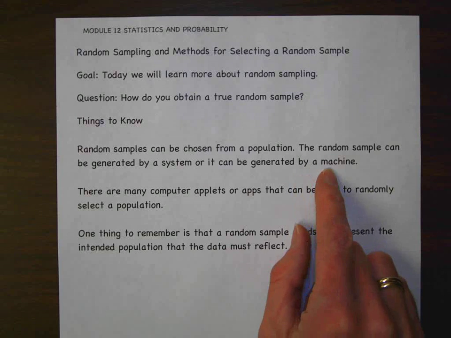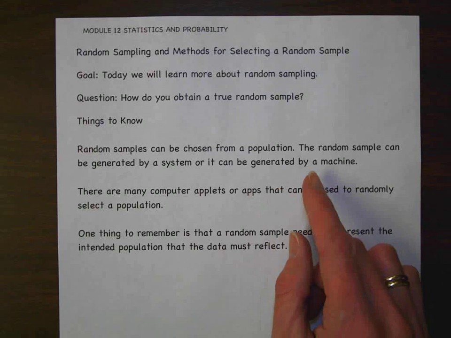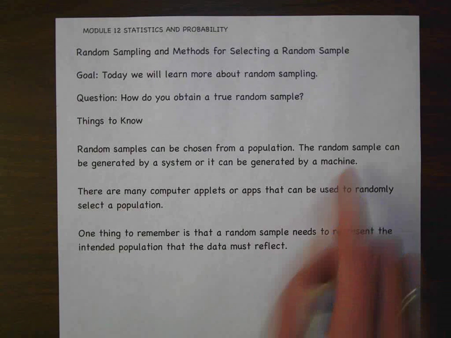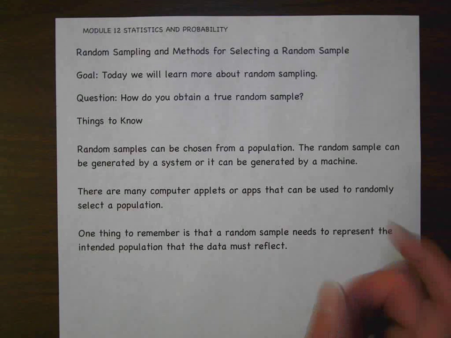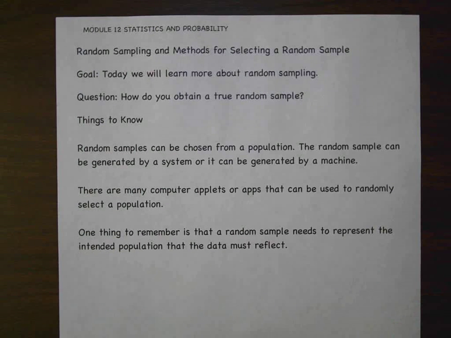Or it could be generated by a machine, and what I mean by that is there are actually websites that, if you go to Google and type in the search bar random survey generators, will give you a little applet or app where you can even type in the names of all of the kids that you're trying to use a random sample for, and then you push go and it picks randomly.